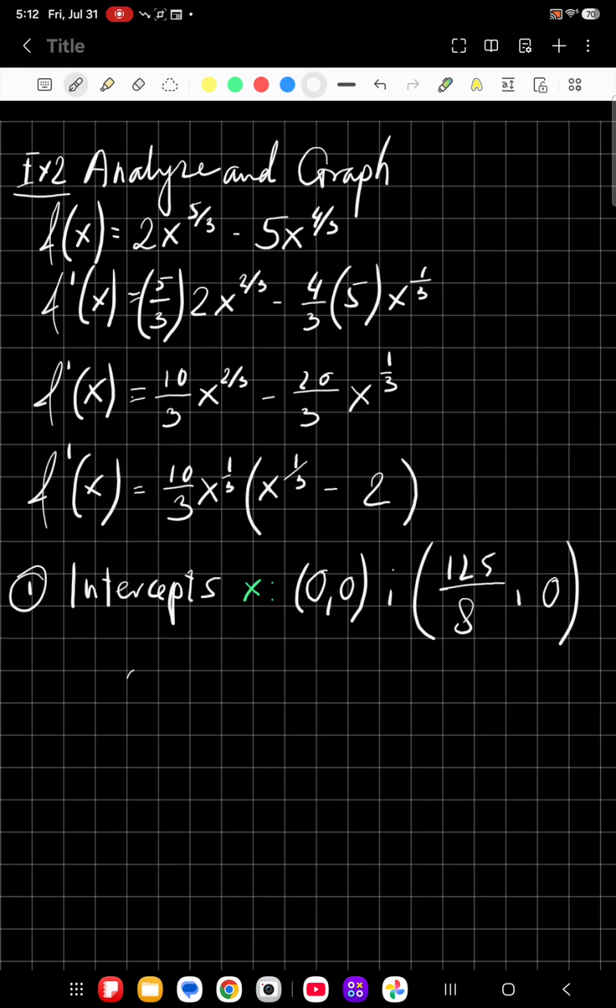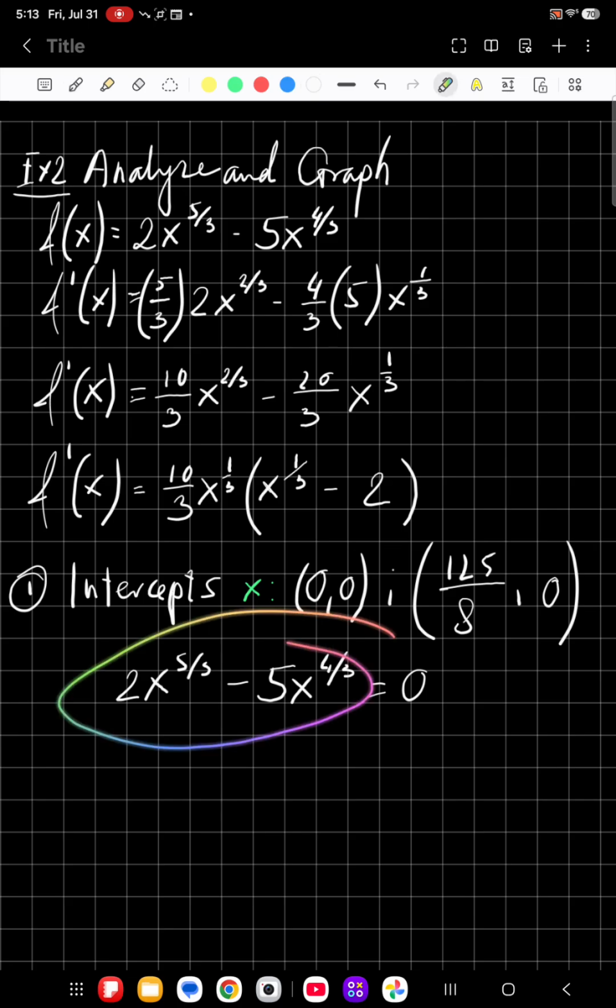So 2x to 5/3 minus 5x to 4/3. Make it equal to 0 and try to solve it. It's not trivial.